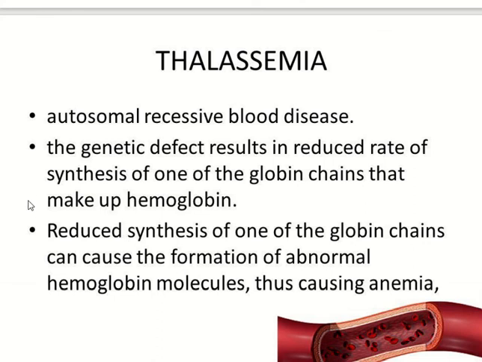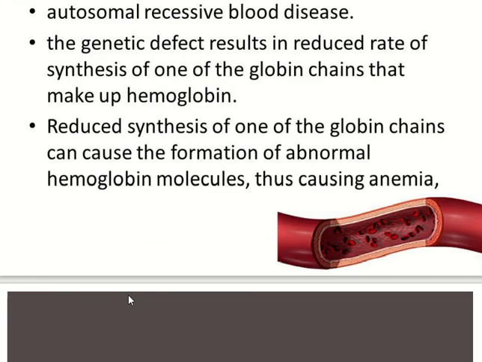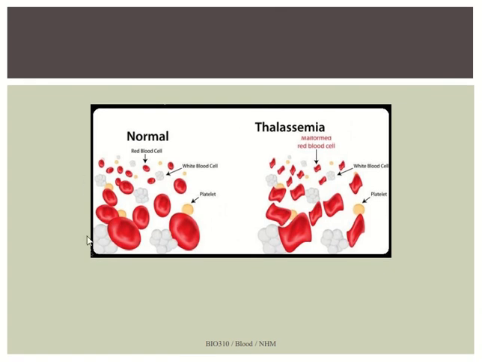Therefore the reduced synthesis of good hemoglobin causes the formation of abnormal hemoglobin molecules, thus causing anemia to occur. As you can see here, this one is the normal red blood cell. This one is the blood cell produced by the thalassemia patient, in which the shape is irregular and malformed during production.